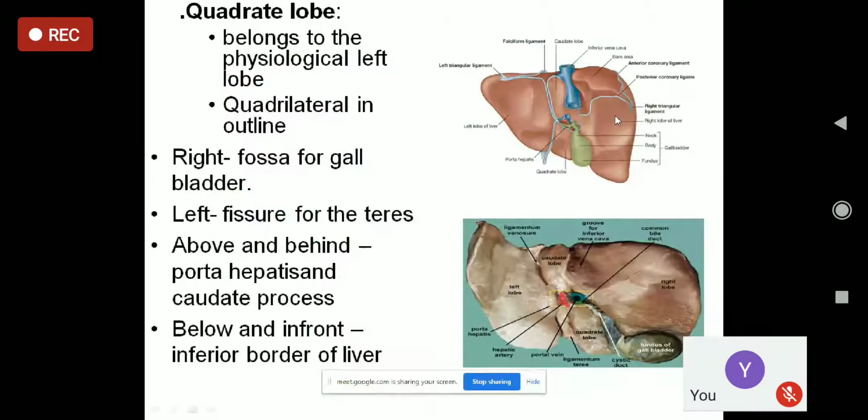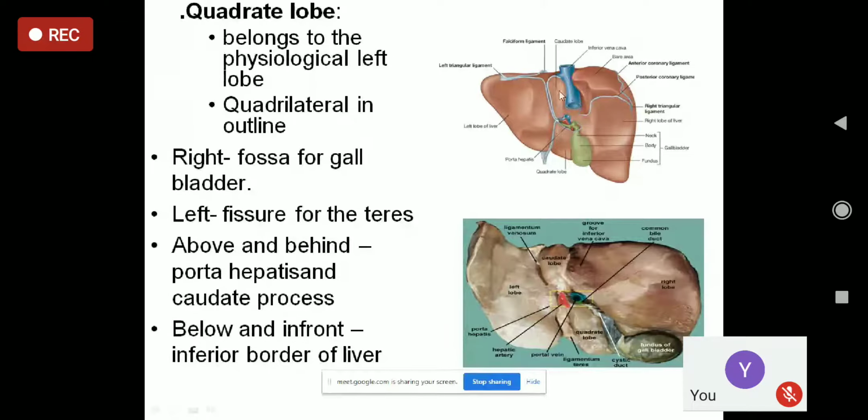Now we'll talk about the quadrangular shape. Look at it. This quadrangular lobe is the quadrate lobe. Always remember when you view from below, C is above and Q is below. In the alphabet also, C comes first and Q comes last. So don't confuse these two lobes.